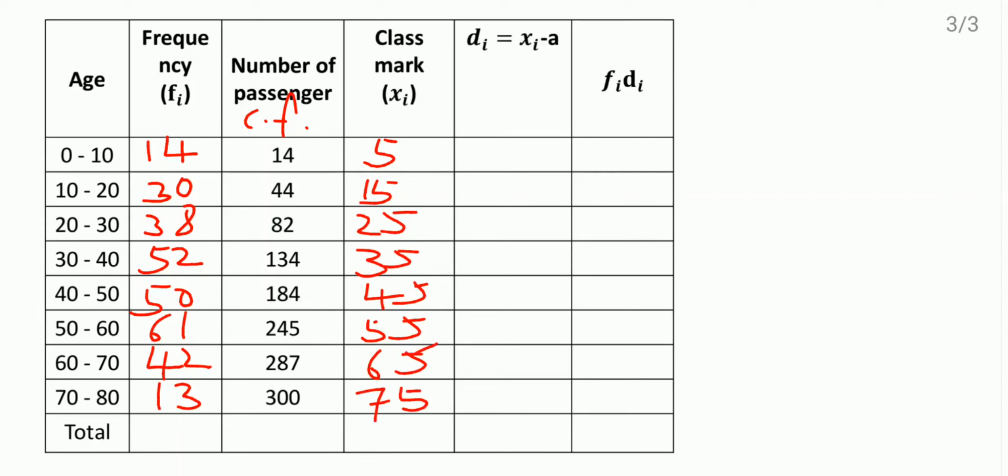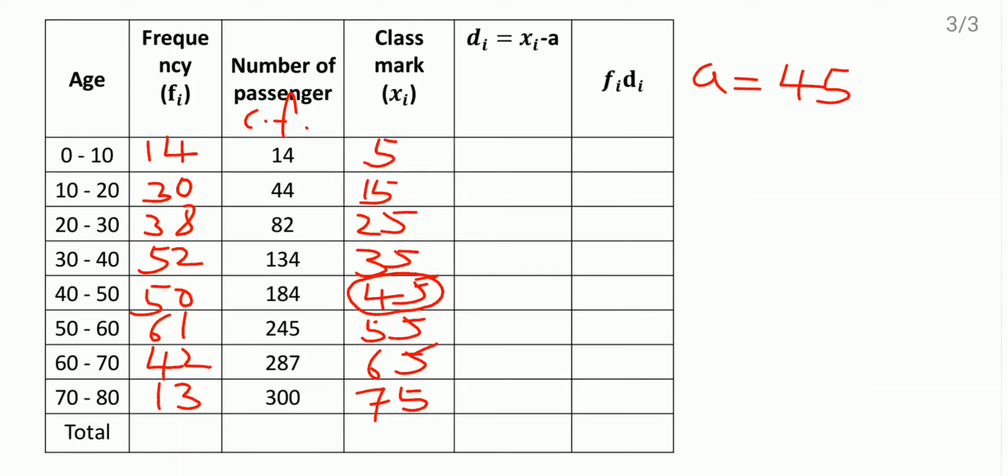We got the class marks. Now I need to choose one of the values from this as the assumed mean. So let us consider this one as A, the assumed mean. That means A is equal to 45.